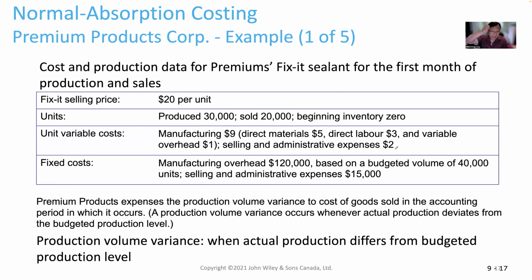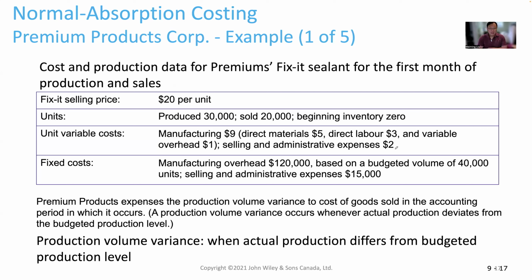And we have the fixed costs. The fixed manufacturing overhead is 120,000, based on a budgeted production volume of 40,000 units. The fixed selling and administrative expenses are 15,000. So that's the fixed cost information.